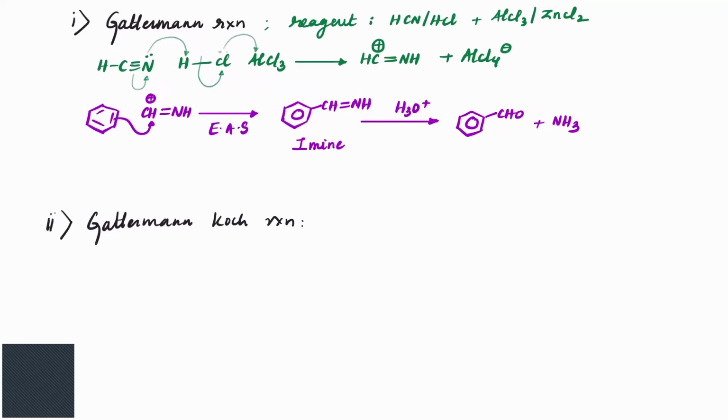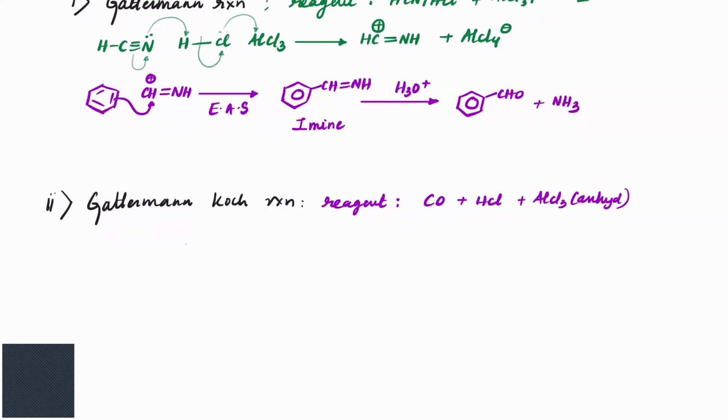Now, what is Gattermann-Koch? In Gattermann-Koch, the reagent that we use here is carbon monoxide with HCl, again with dry or anhydrous AlCl3. The logic is very similar to how we have done it earlier. So C minus O plus, and this can be written in a canonical form as C double bond O with a lone pair, O plus here.